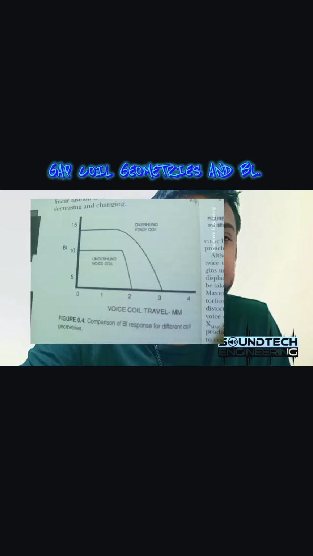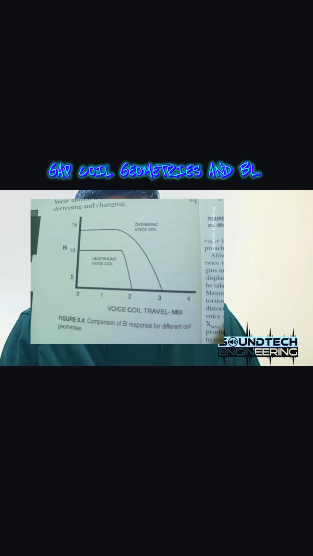Now, this graph comparison here is of the BL change with increased excursion between the two gap geometries. This diagram represents the movement of a voice coil in one direction through the gap.